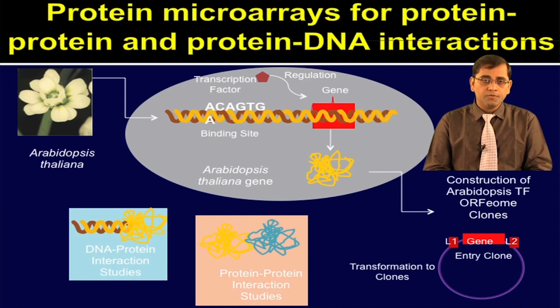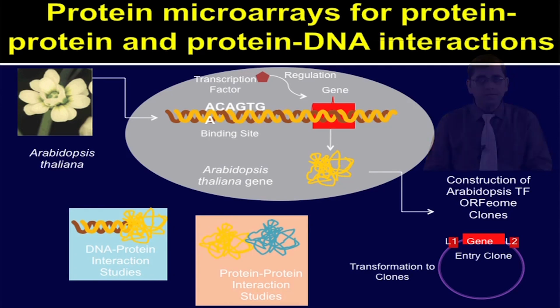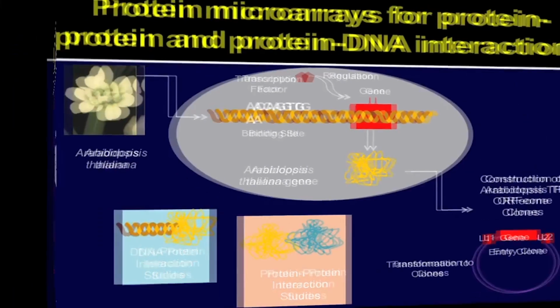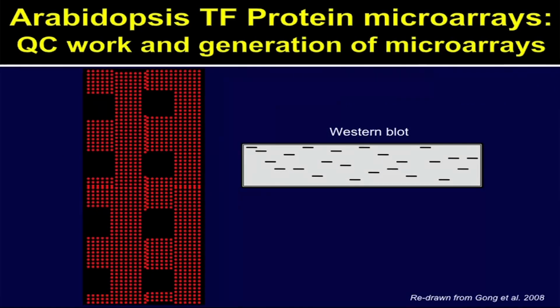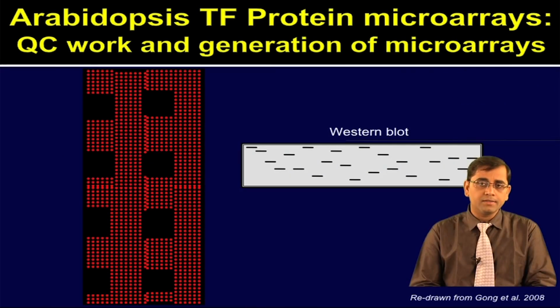Once the proteins are purified, they were printed on the chip surface and used for different applications, including protein-protein and protein-DNA interactions. This slide shows you the Arabidopsis transcription factor protein microarrays. The left side is used as a quality control check to show that all the proteins are expressing well on the chip surface.